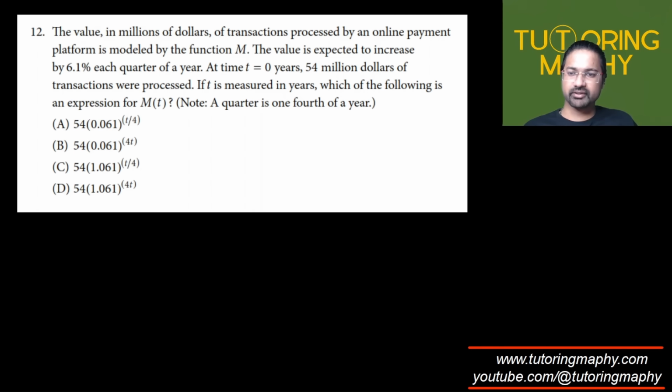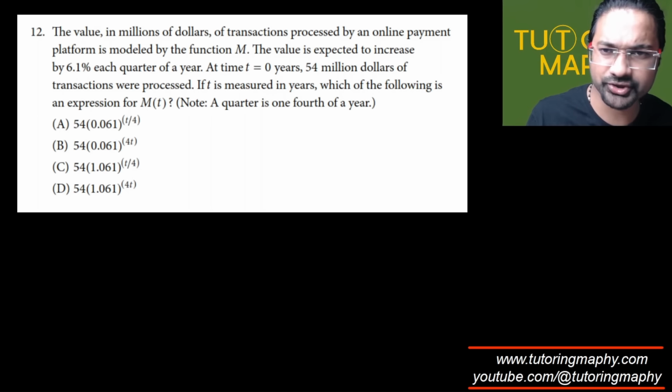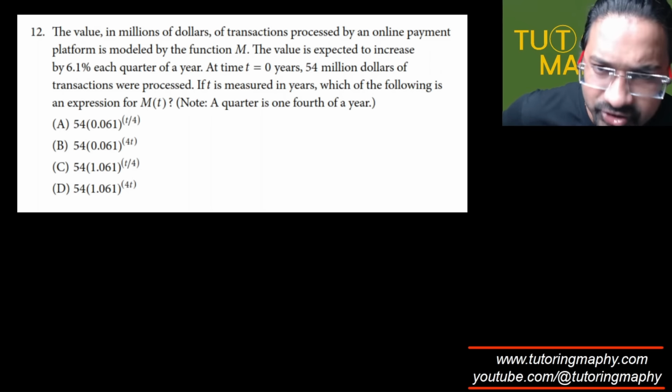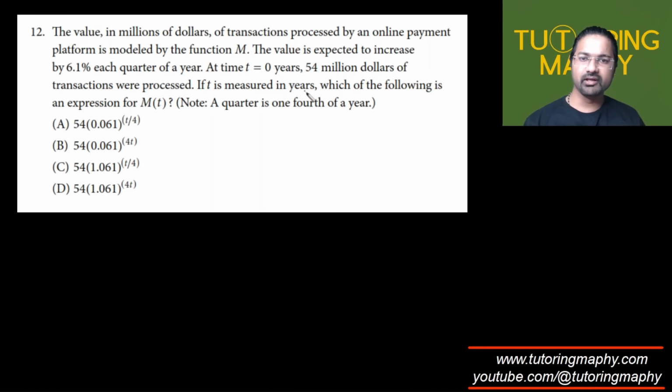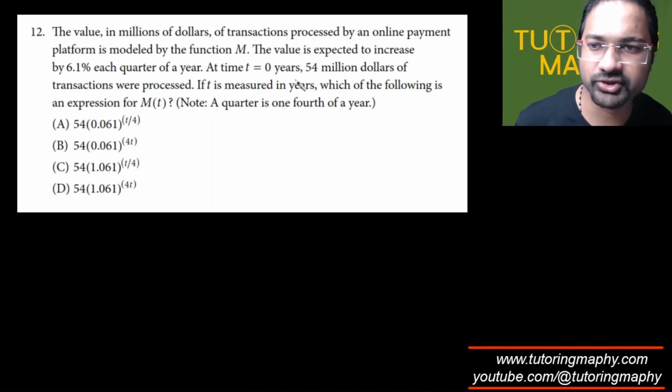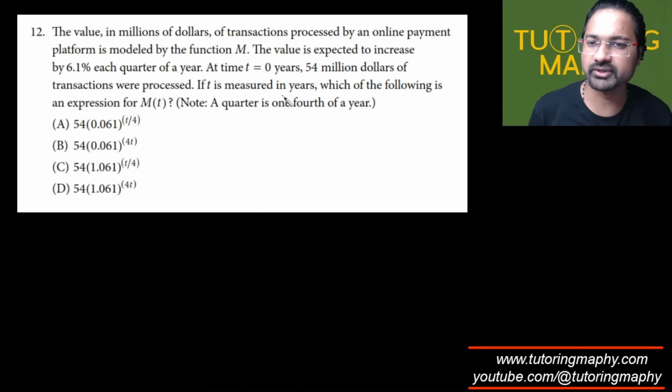The next one, they're talking about the value in millions of dollars of transactions processed by an online payment platform, which is modeled by the function M. The value is expected to increase by 6.1% each quarter of a year.